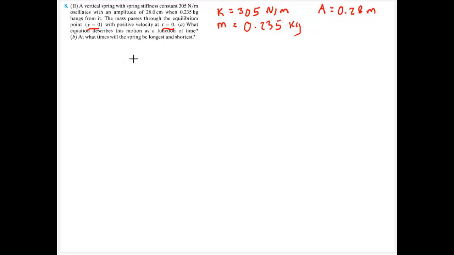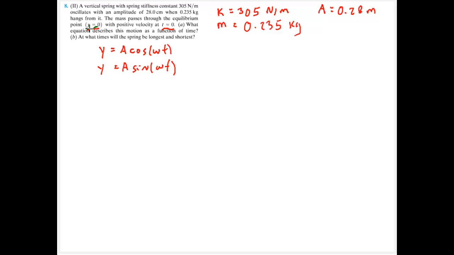We're asked to describe the motion as a function of time. We have two ways we can do that, either through a cosine of omega times t, angular velocity times time, or with a sine, amplitude sine of angular velocity multiplied by time.